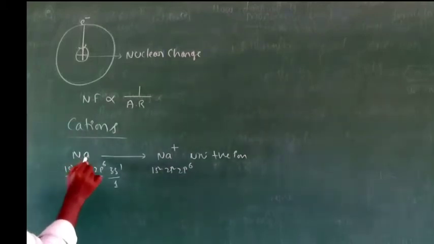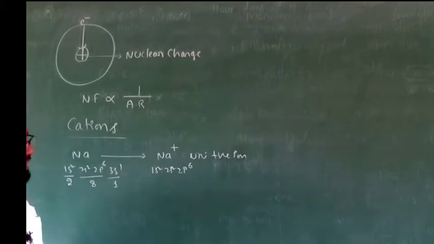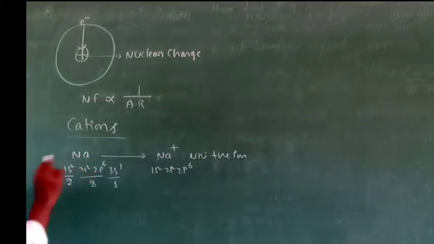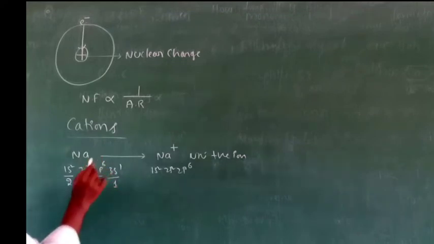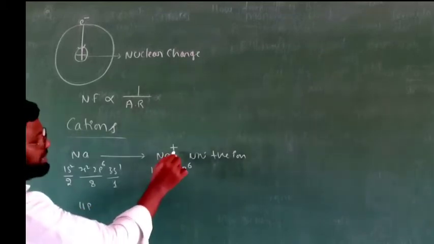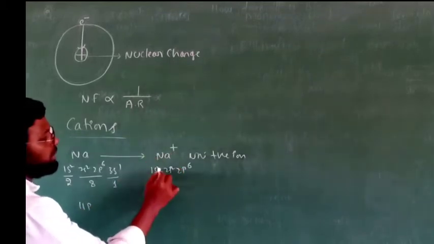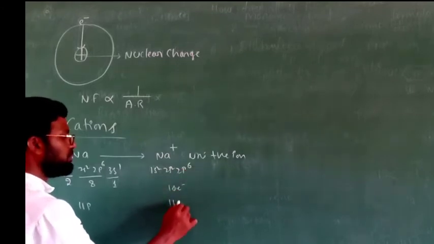Now what's the difference between sodium neutral atom and sodium ion or cation? Here in the sodium neutral atom there are 11 electrons. Obviously 11 protons will be present since its atomic number is 11. But in the Na+ cation there will be only 10 electrons, but the protons will be the same, 11 protons.